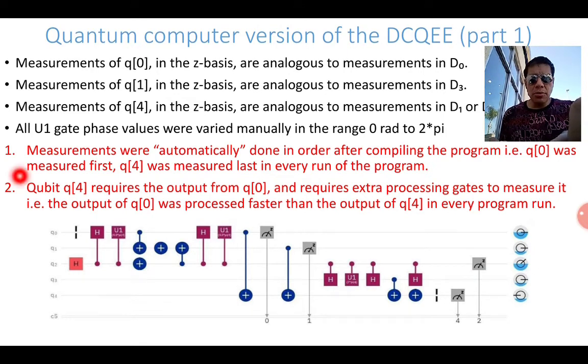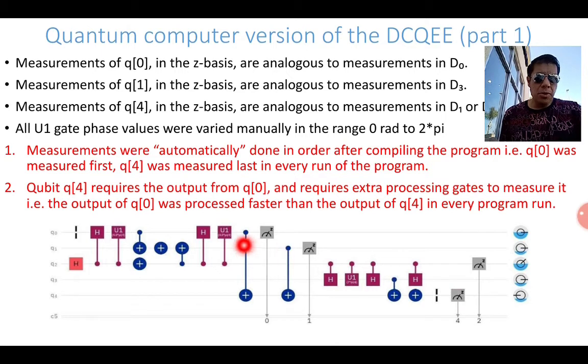Another point is that qubit 4 requires the output from Q0 and requires extra processing gates to measure it. That is, the output of Q0 was processed faster than the output of Q4 in every program run. Notice that this one here requires less processing time than this one right here. So in other words, you can think of D1 as requiring less time than D4.